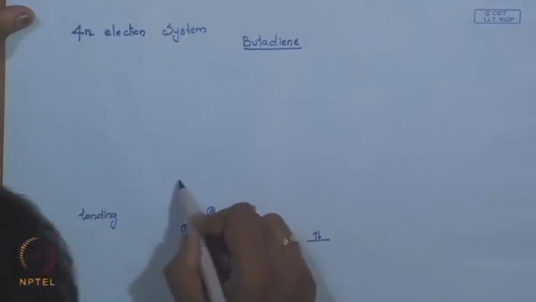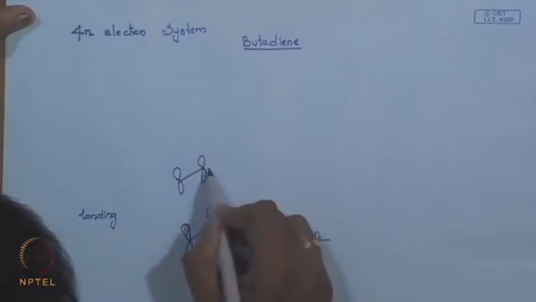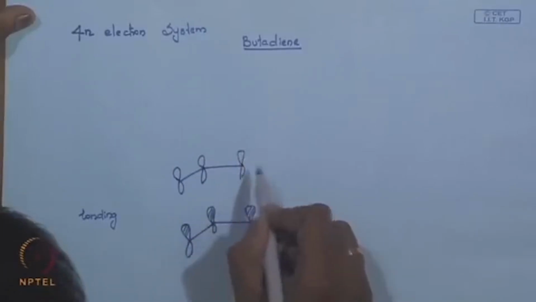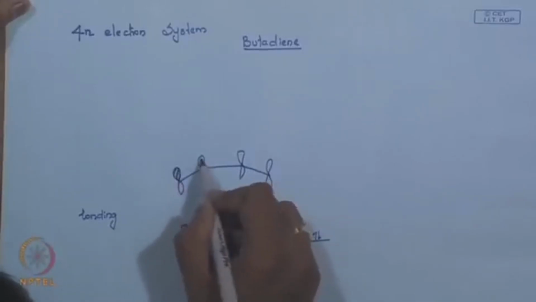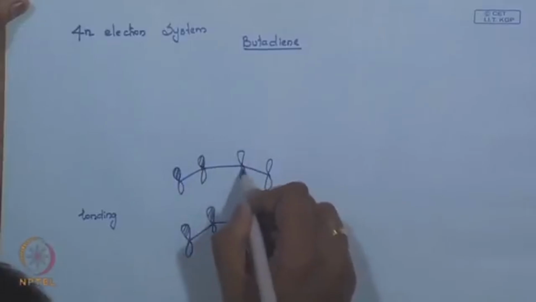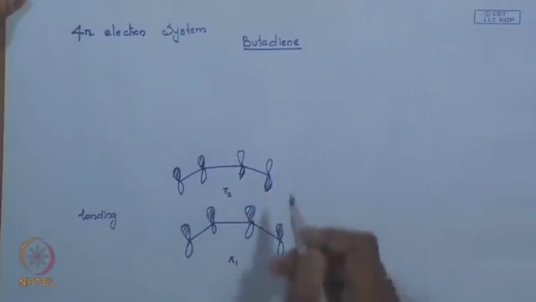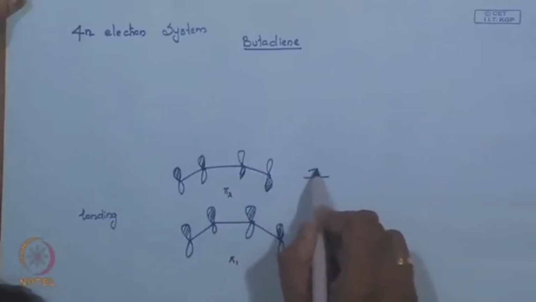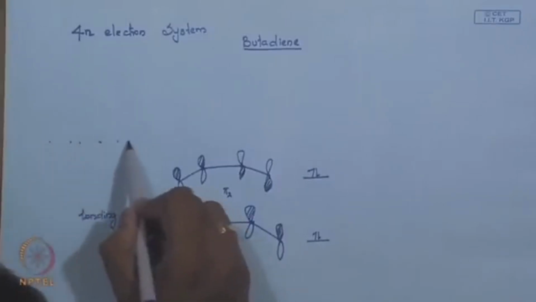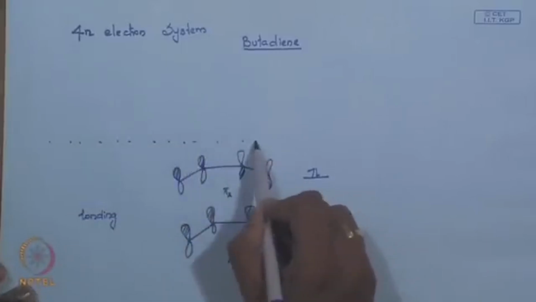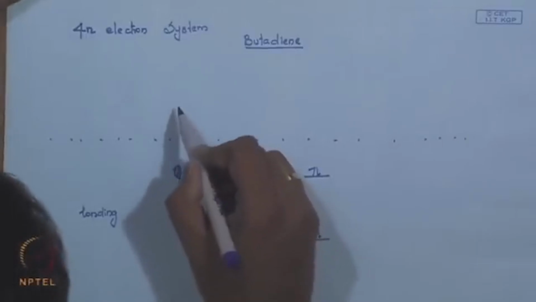Then you can have one more, pi 2, again bonding, you know that, and then you have your anti-bonding.